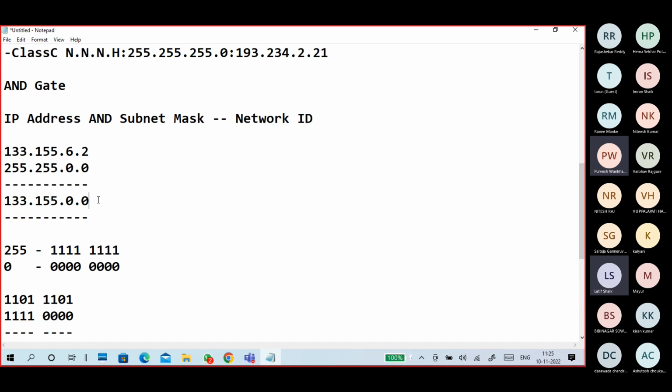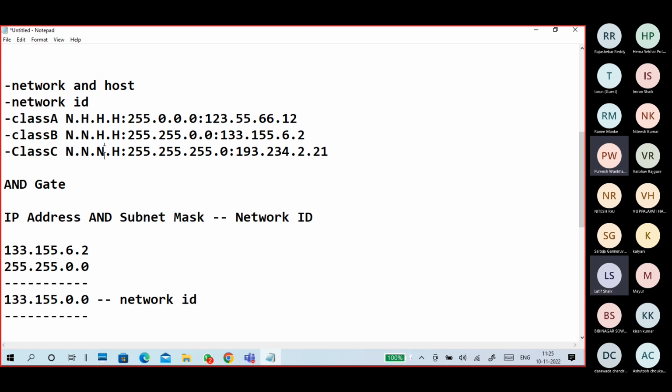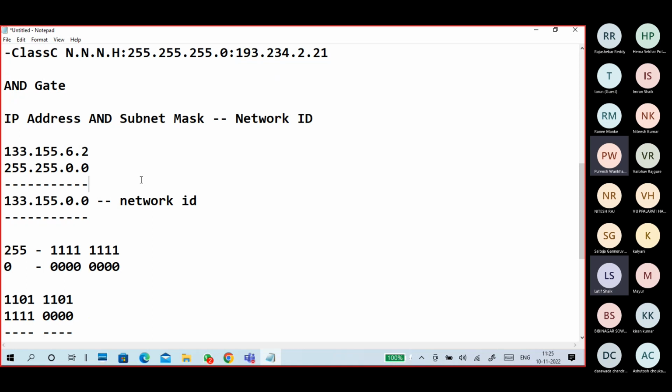So I got a network ID. What is a subnet mask? Subnet mask will tell what is your network portion and host portion. Subnet mask divides your IP address into network portion and host portion. Using the subnet mask, we can get a network ID from our IP address.